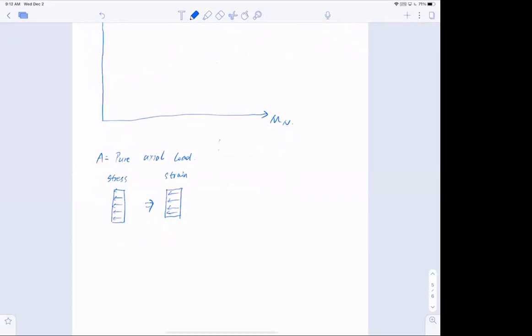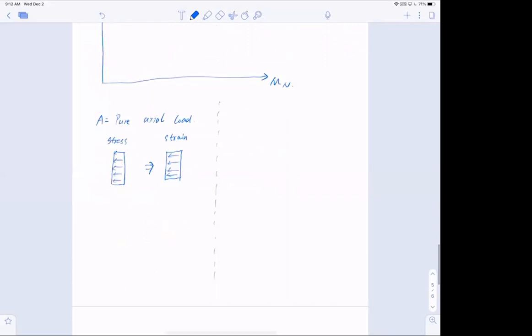Now I start to think, a very dangerous action, right? People actually think. So I start to think, if I start to apply bending moment on it, maybe there's a point B, right?